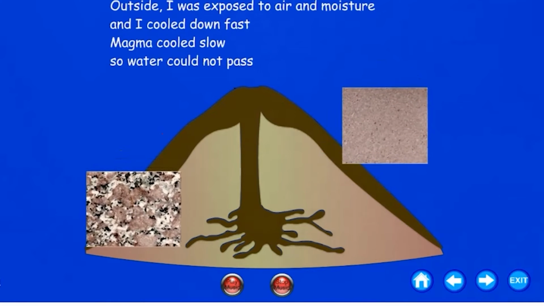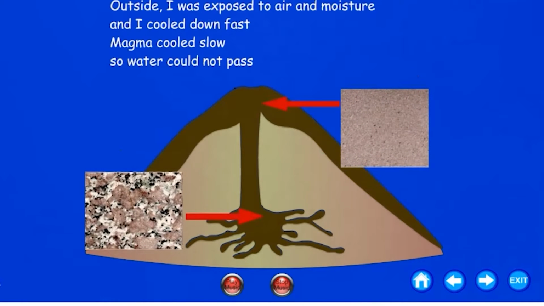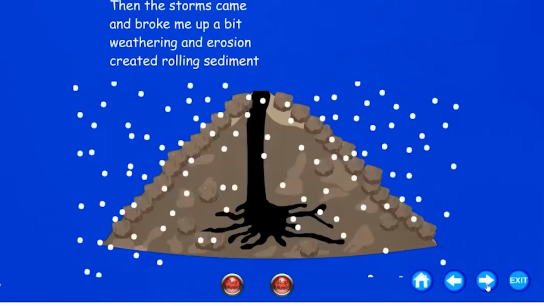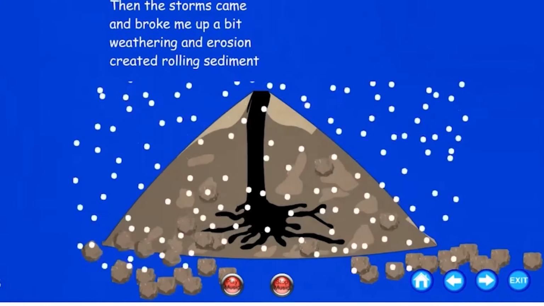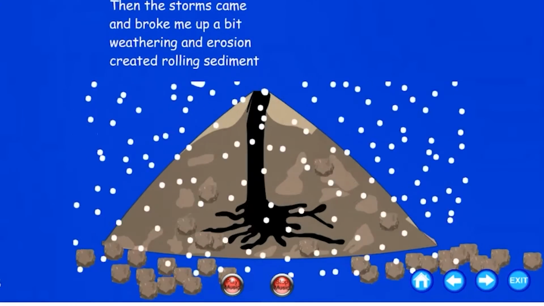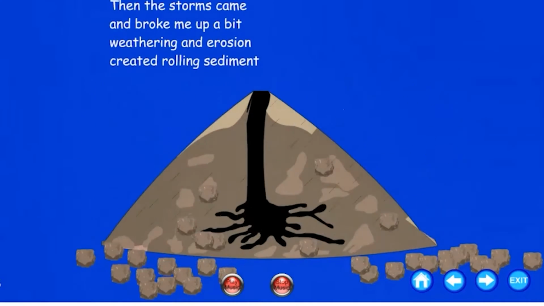Outside I was exposed to air and moisture, and I cooled down fast. Magma cooled slow, so water could not pass. Then the storms came, and broke me up a bit. Weathering and erosion created rolling sediment.